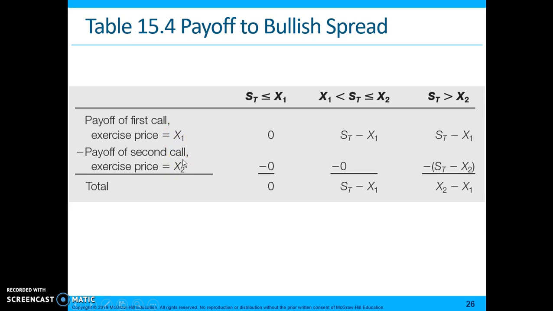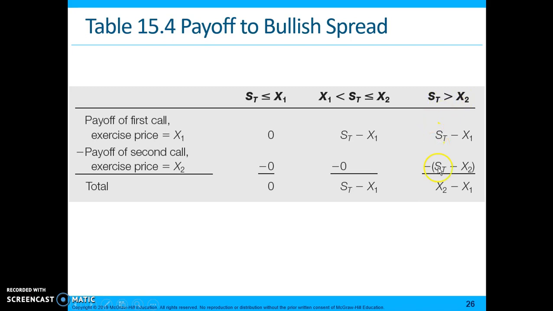If the stock price is below the lower strike, our payoff is 0. If our stock price is between the two strikes, our payoff is the difference between the stock price and the lower strike. And the upper strike creates the boundary for our maximum payoff.